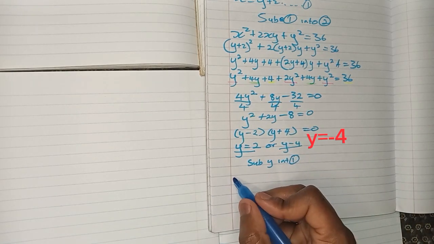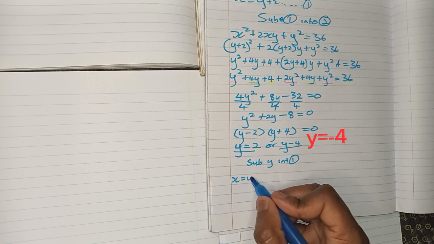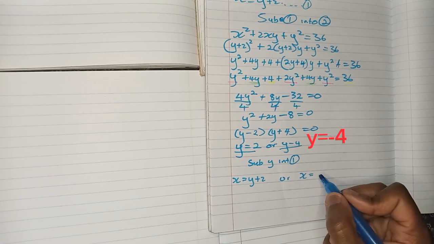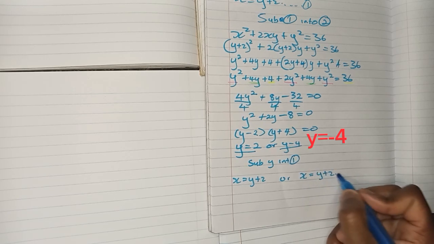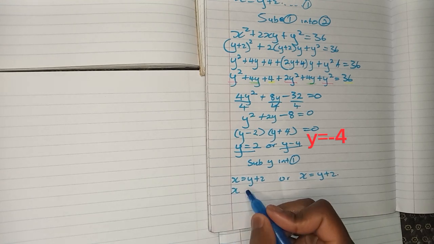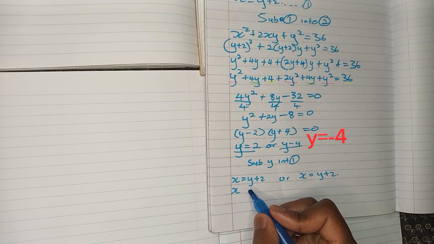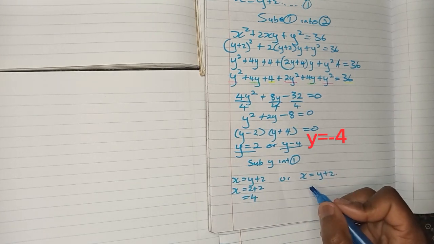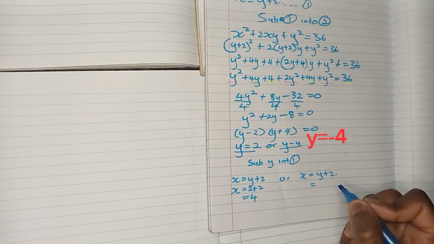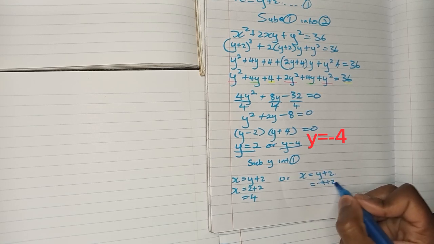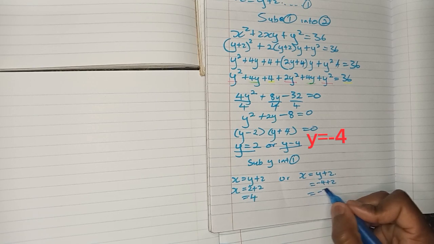Right, so equation 1 says x is equal to y plus 2. So I'm then going to say x is equal to 2 plus 2 is equal to 4, and on this other side I'm simply going to say x is equal to minus 4 plus 2. So x is definitely minus 2.